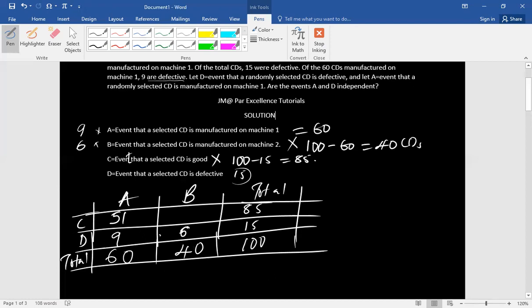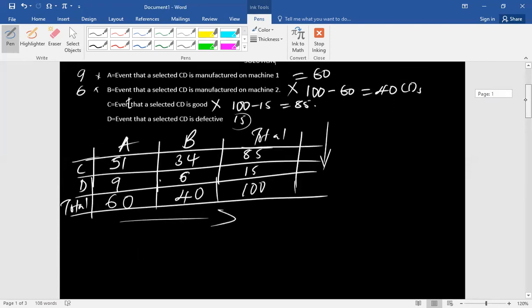So 40 minus 6 is 34. That's quite easy, but even 85 minus 51 is still going to give you 34. So we can have those numbers like that. This is a two-way classification table, because you can add the totals in this way to give you 100, and also add in that way, it will still give you 100. So it's two-way.